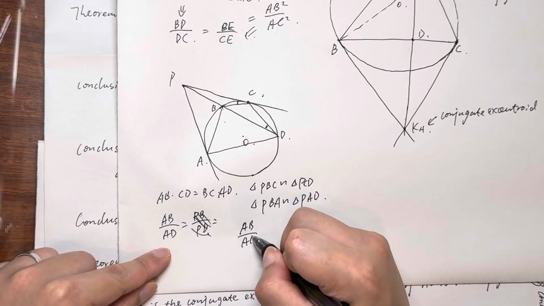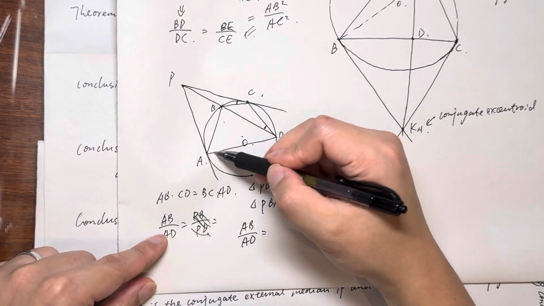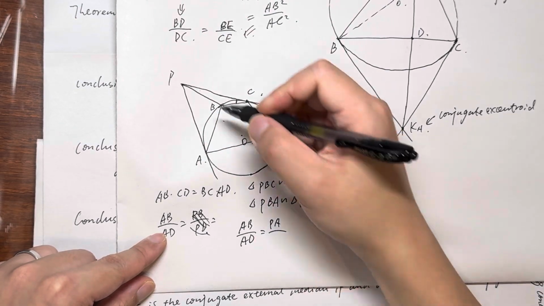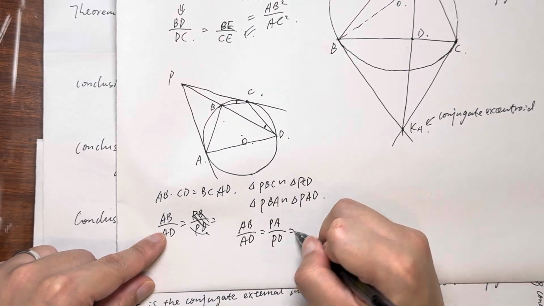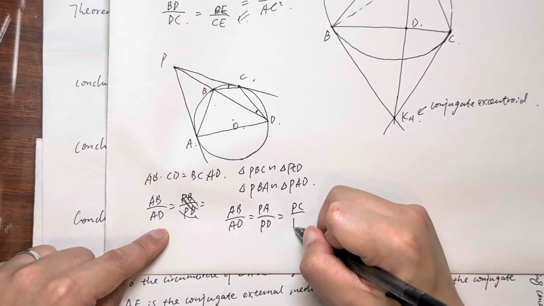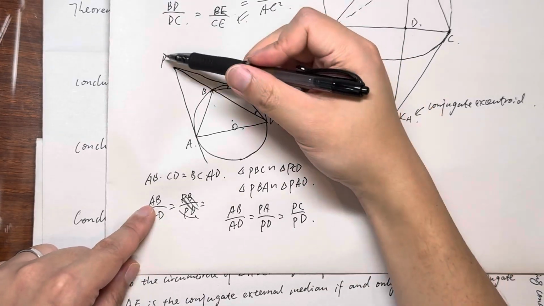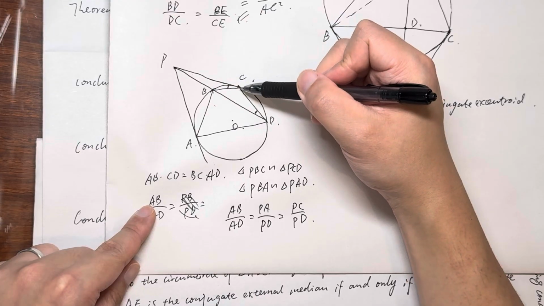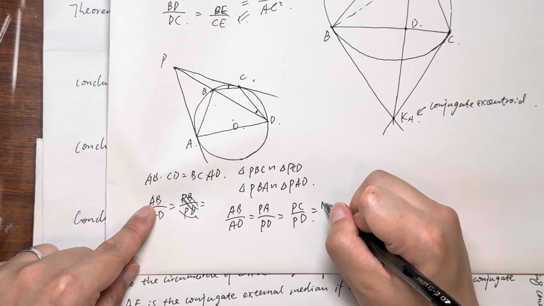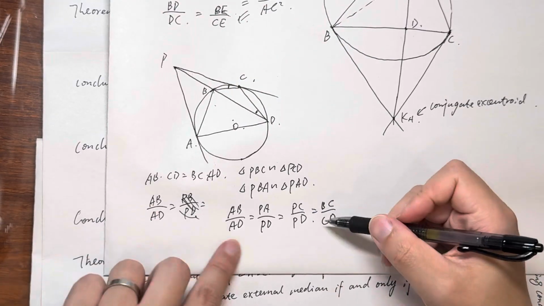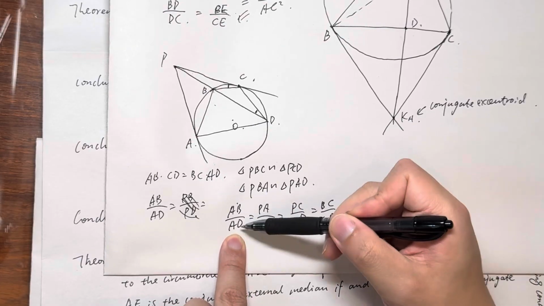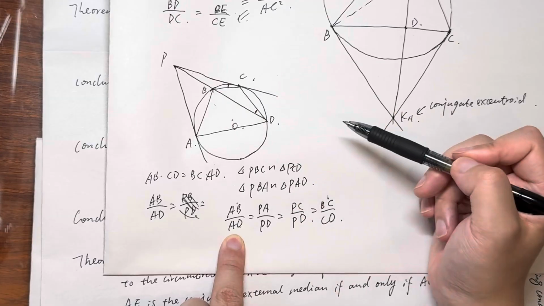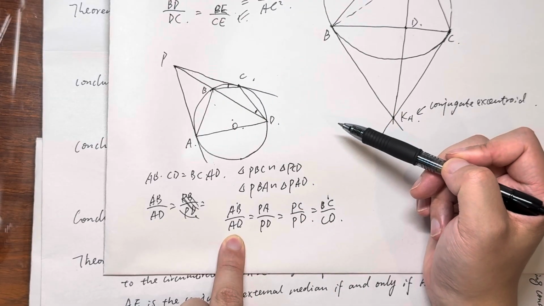AB to AD equals PA to PD, which equals PC to PD, right? Because PA equals PC, so PC to PD equals BC to CD, which means AB times CD equals AD times BC, which means ABCD is a harmonic quadrilateral.